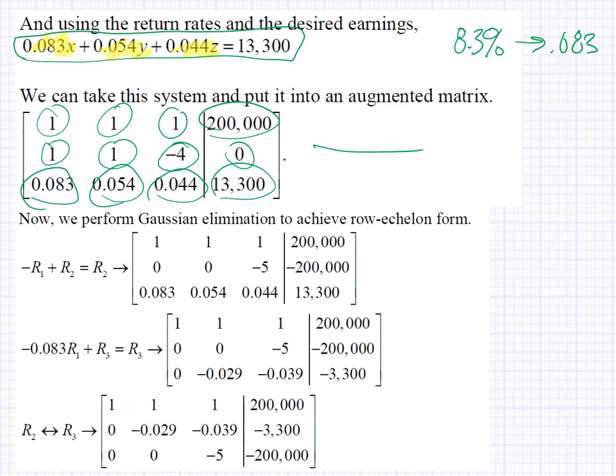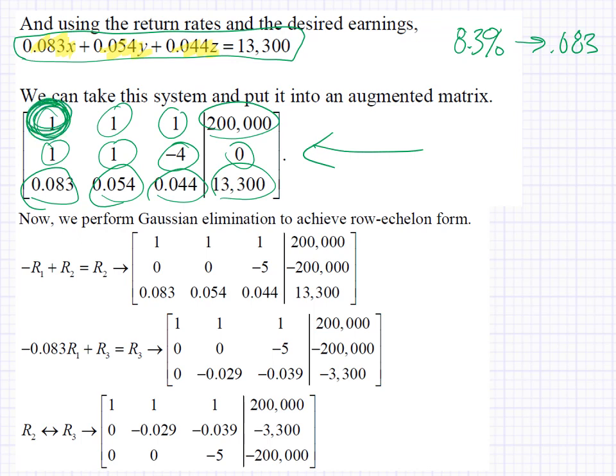Now, obviously these numbers we're working with are not the easiest numbers to work with. That's one problem when it comes to these word problems, is lots of fractions, lots of decimals. But just see if you can follow along with me. First off, we want a 1 in this first register. We already have it.